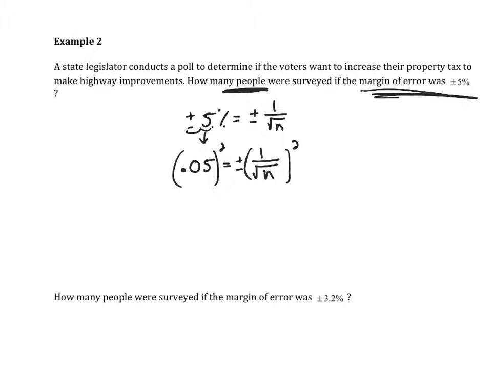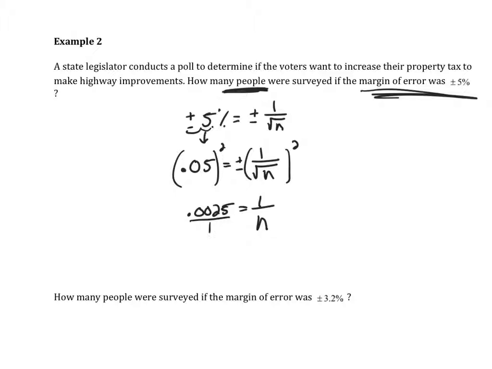So in your calculator, what you're going to do is 0.05 to the second power. That's going to give you 0.0025 equals, what's going to happen is our square root's just going to disappear. We're just going to have 1 over n.